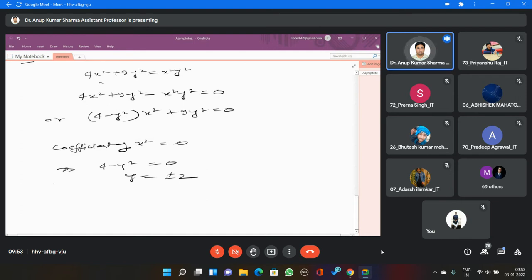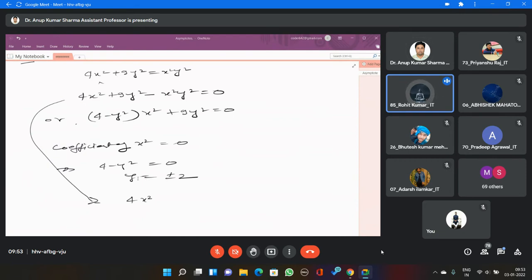This asymptote is parallel to the x-axis. Now, for the vertical asymptotes parallel to the y-axis, a student asks why we plug 4x square and minus x square y square, and why we should instead group 9y square minus x square y square.